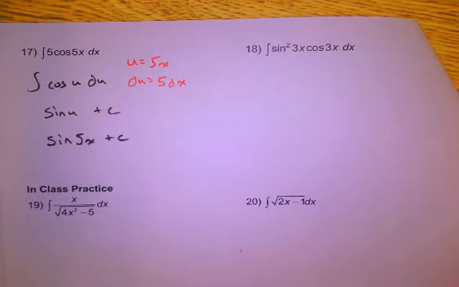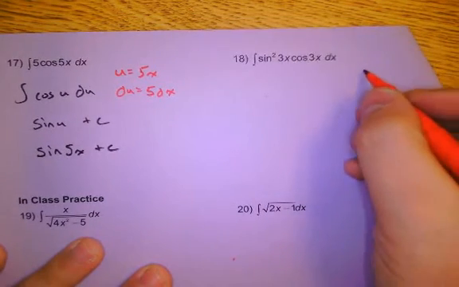Alright, 18. This one's a little bit on the tougher side. I'm going to let you look at it real quick, and we'll talk about it. Give me some ideas of what your U is going to be here. So just give you about a minute here.